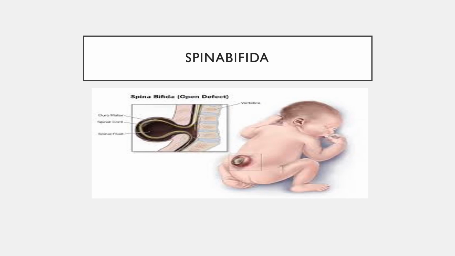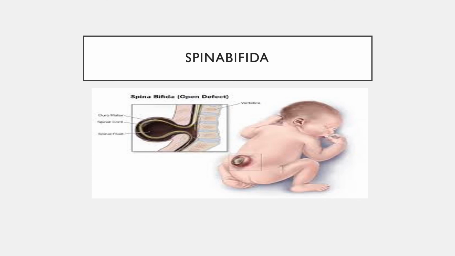Also, it is a sac. It may be a defect in the skin of the baby in the dorsal part, and it may be anywhere, maybe in the middle area of the spinal cord, but most commonly it is in the posterior part. So there is a sac of meninges of the spinal cord and its nerve endings. The treatment depends on the severity of the case.